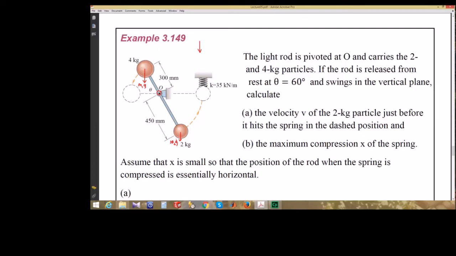And now, in order to calculate potential energy, you're free to choose your frame, right? You need to choose a frame that makes sense.